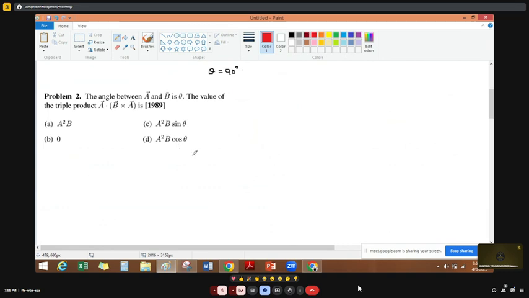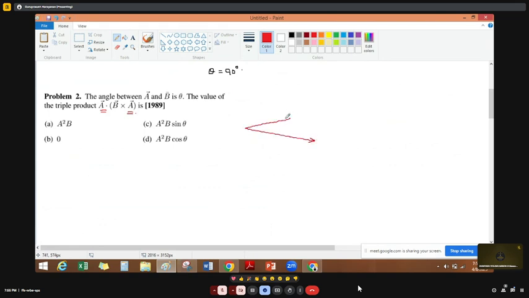Okay, how can we do this? Any idea? The angle between A and B is theta. The value of the triple product A dot B cross A is, anybody? If the same vector repeats in the triple product, what will be the result? Nobody is answering.